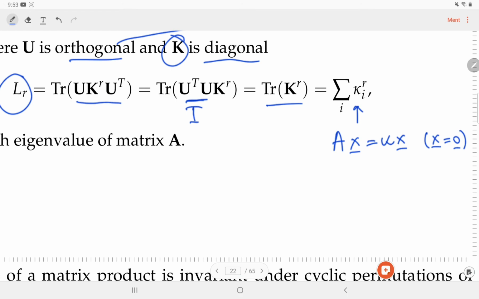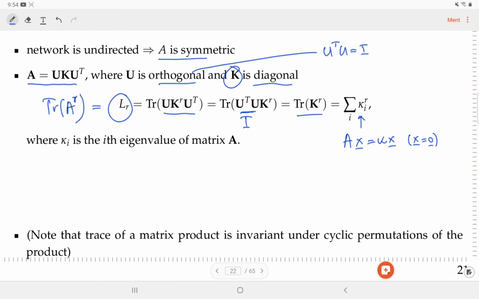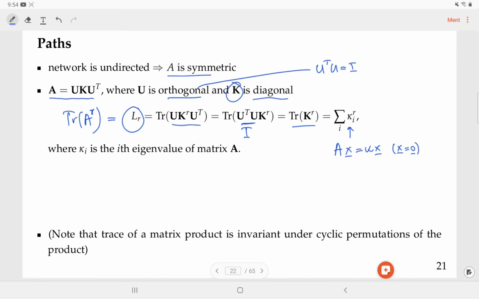This is nothing else but serious linear algebra, which says that the number of cycles of length r in our network is equal to the sum of the eigenvalues of our adjacency matrix raised to the power of r. Okay, amazing.